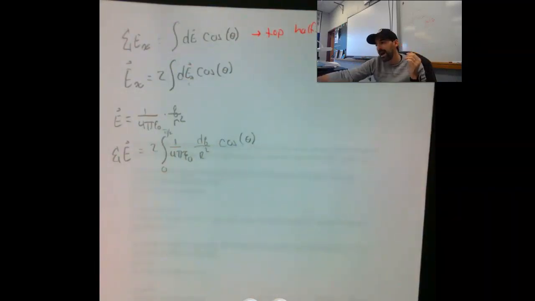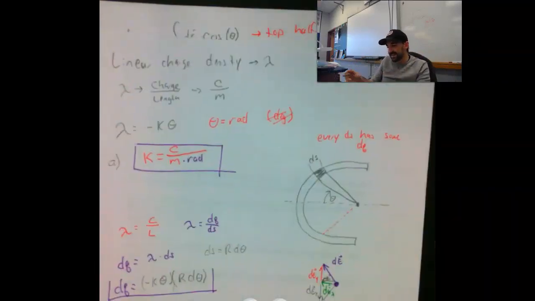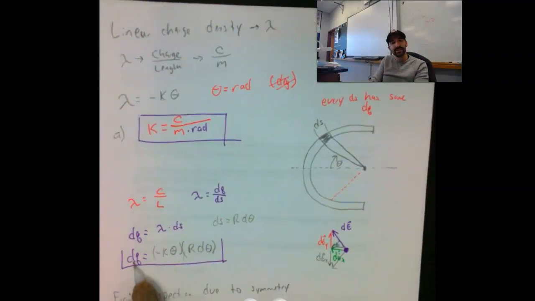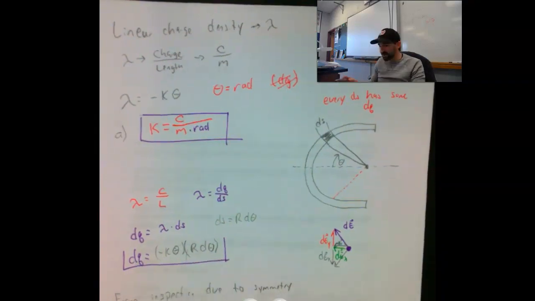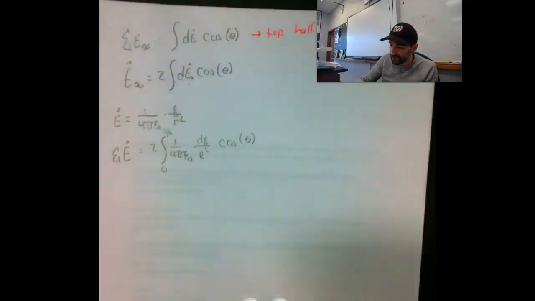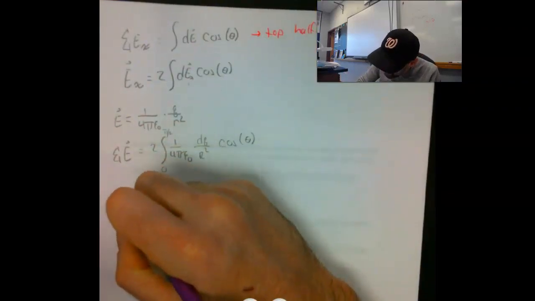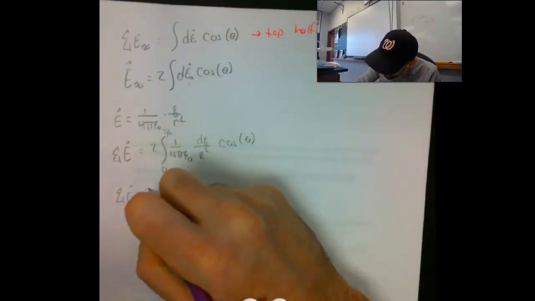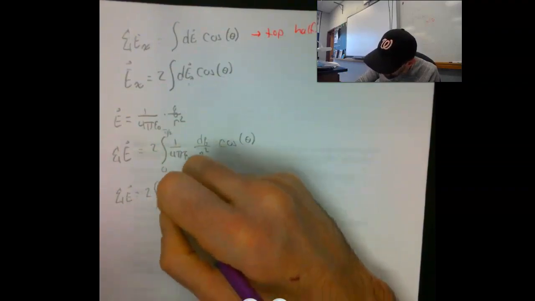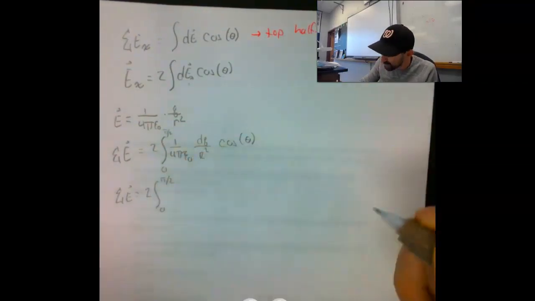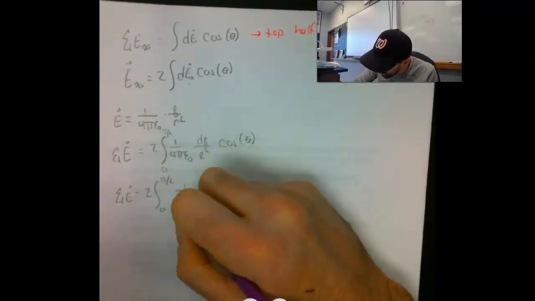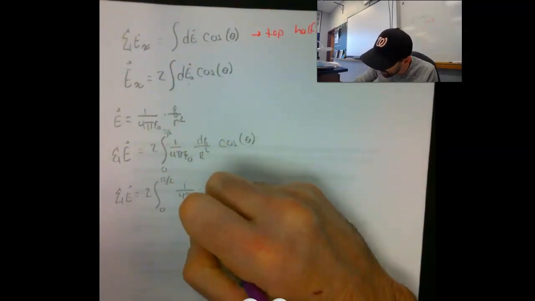So I'm going to go back again to things that I've already decided. My very small charge is in relationship to theta. Beautiful. Last substitution here. Electric field, 2 times the antiderivative from 0 to pi over 2 of 1 over 4 pi epsilon 0.